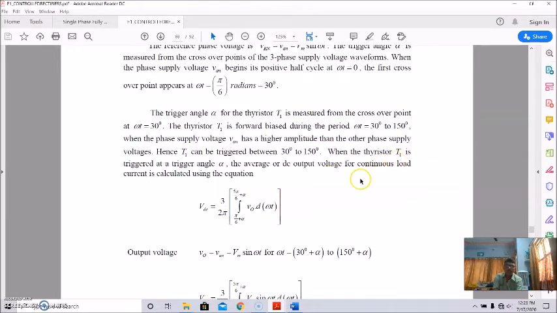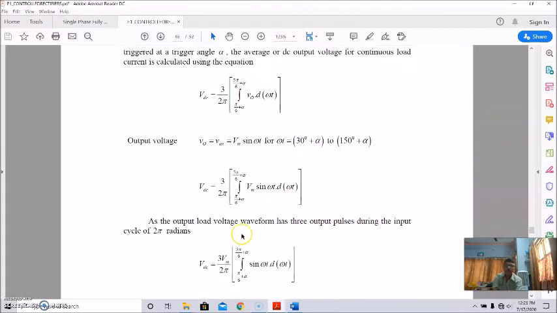When the thyristor T1 is triggered at an angle alpha, the average DC output voltage for continuous load is calculated using the equation: 3 by 2 pi times the integral from pi by 6 plus alpha to 5 pi by 6 plus alpha of V0 d omega t. V0 is the output voltage, equal to Vn, which is Vm sin omega t for omega t from 30 degrees plus alpha to 150 degrees plus alpha.